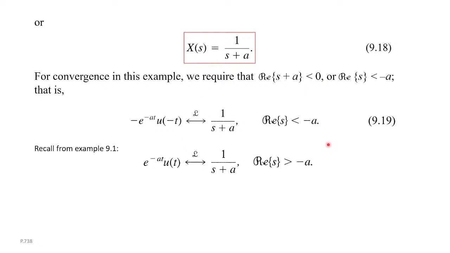But now this looks a little weird, right? Because compared to what we just talked about last section, we have exponential decay in positive time, and it also transforms to 1 over s plus a. Just the region of convergence is different. It's convergent on the bigger real part of s.